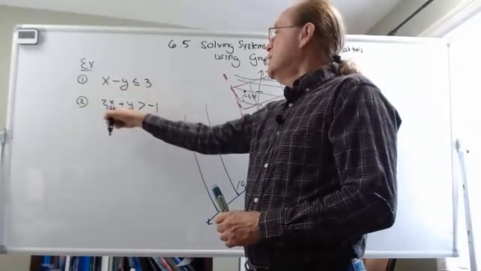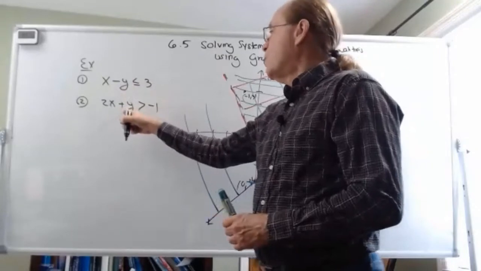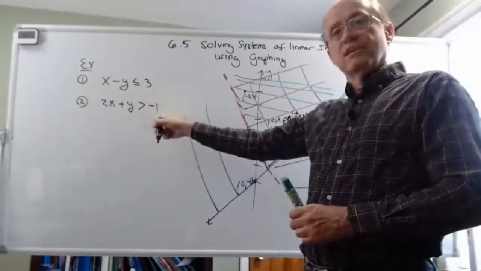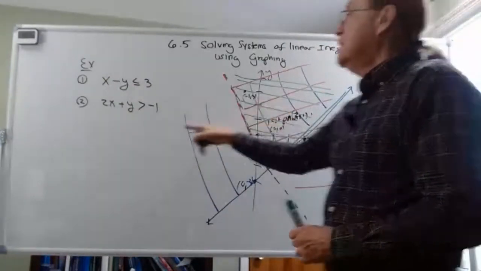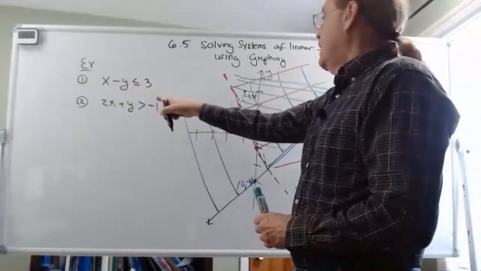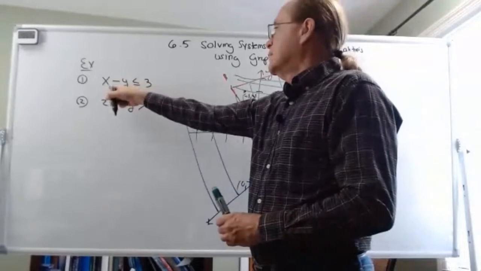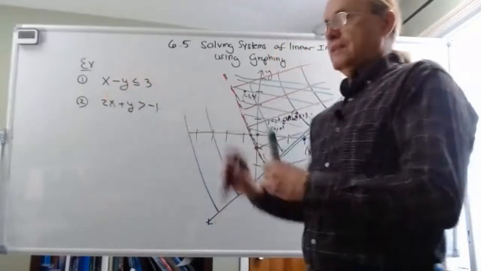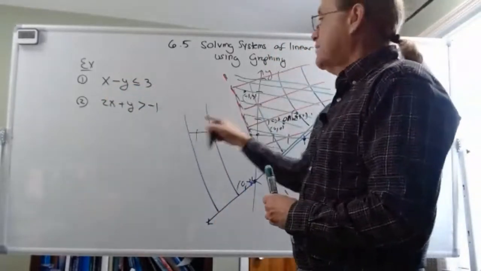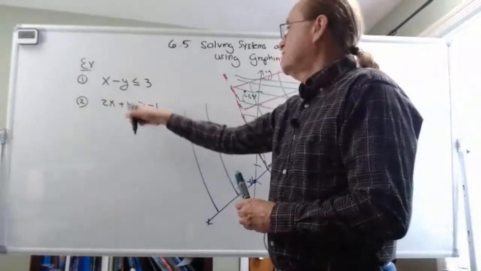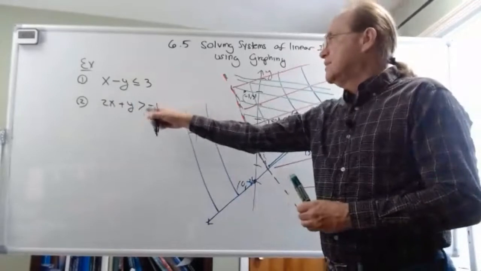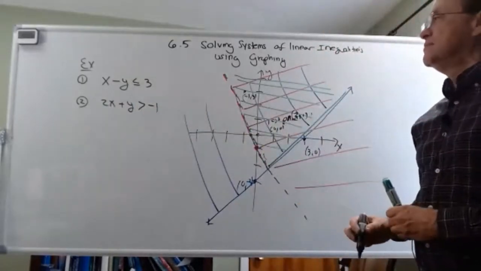That's less than 3. 4 plus 1 is 5, which is definitely greater than -1. Okay, let's try the one over here. x is -1 and y is -3, so -1 minus -3 gives me -4... definitely less than 3. And then 2x is -2, y is 3, so -2 plus 3, which is 1, is definitely greater than -1. So I can see it works.